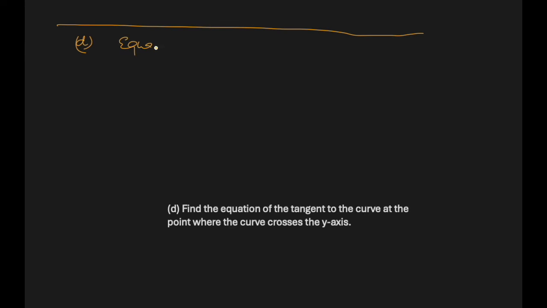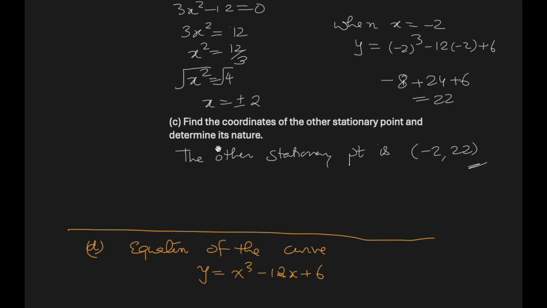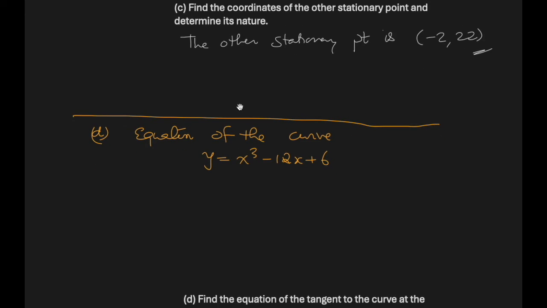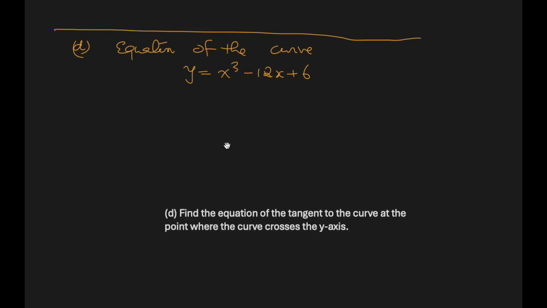Equation of the curve, y equal to x cube minus 12x plus 6. Let me confirm. X cube minus 12x plus 6. Okay, so they're saying crosses y-axis. That means they're asking y-intercept.